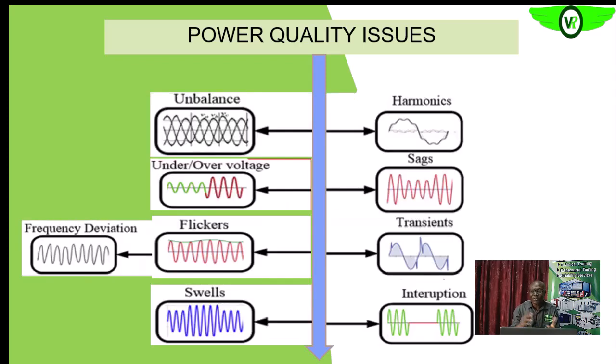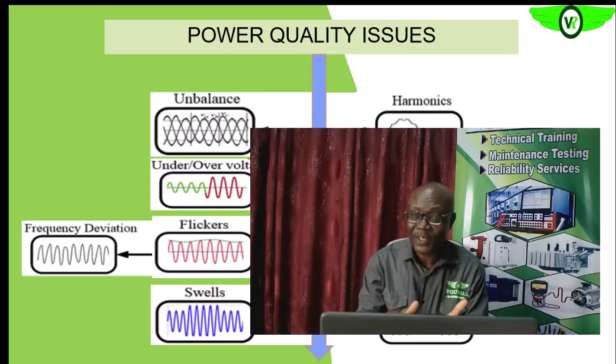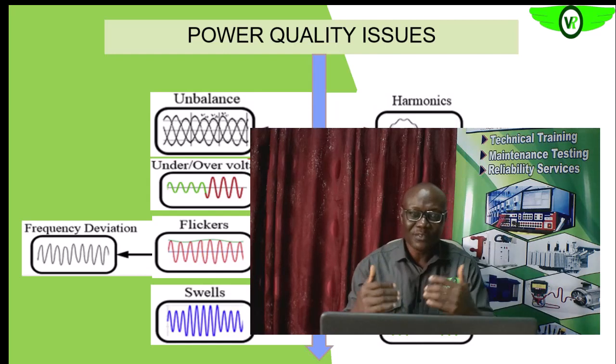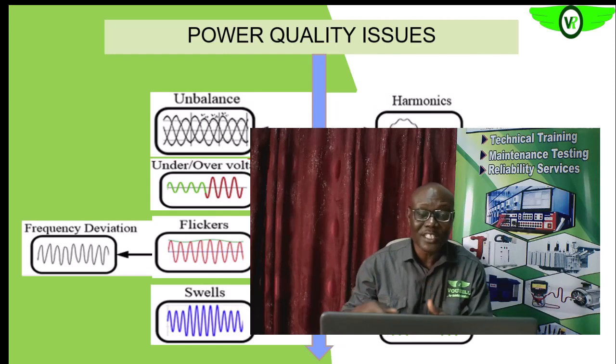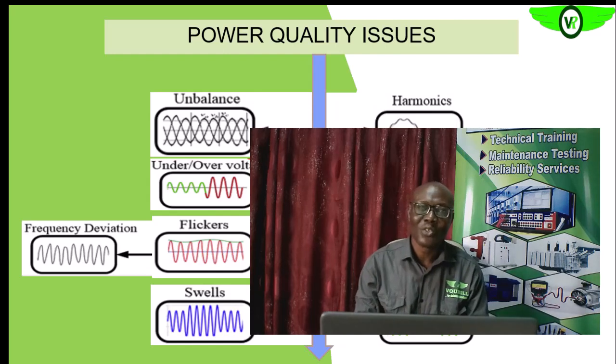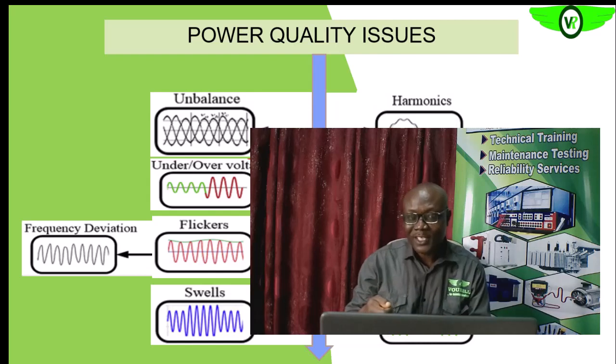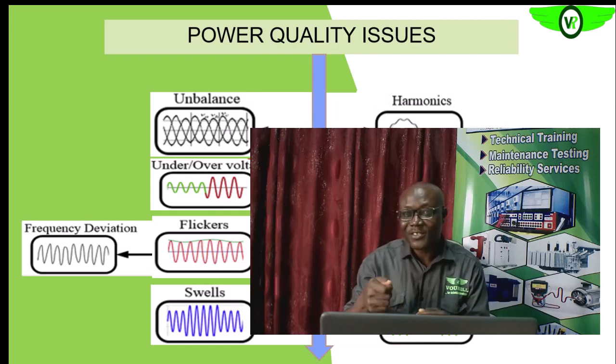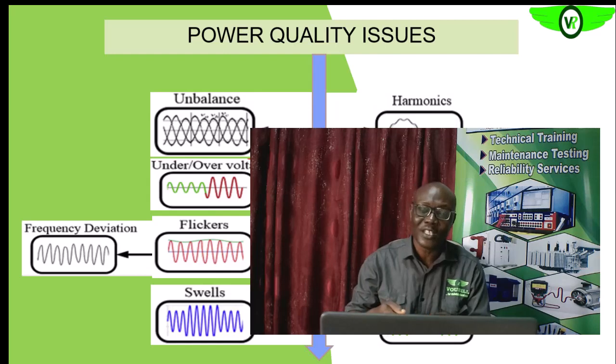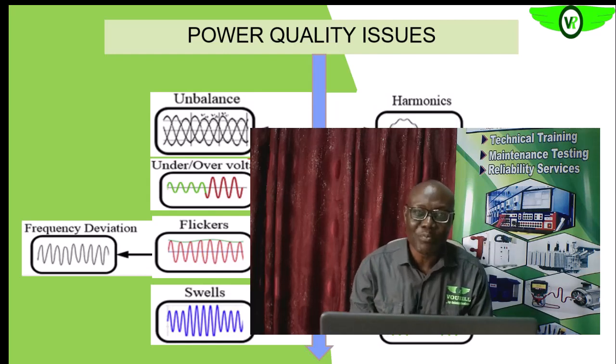Then variable frequencies. The frequency of the power supply has a way of affecting the speed of the electric motor itself. Okay, so when the frequency is fluctuating, that will cause fluctuation in the speed of the electric motor, that will eventually cause fluctuation in the rotational speed of the driven equipment.